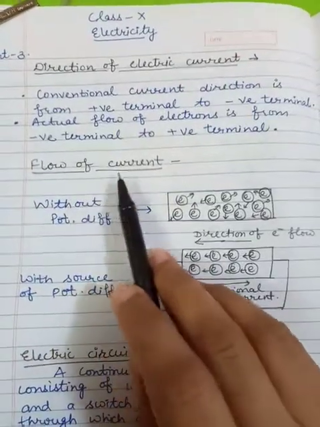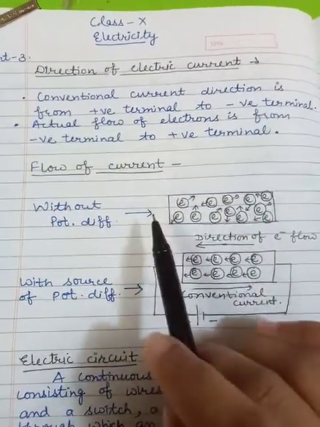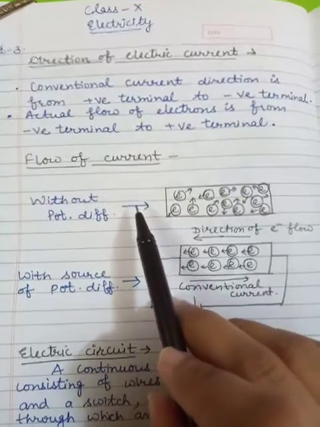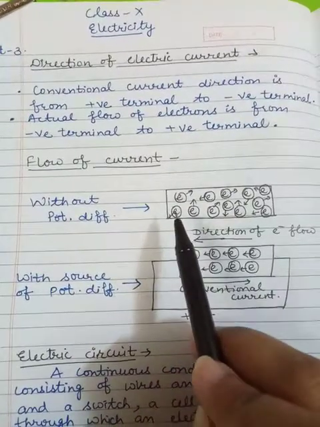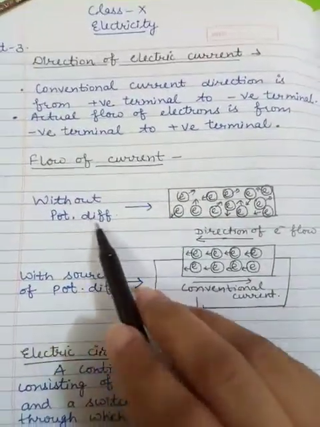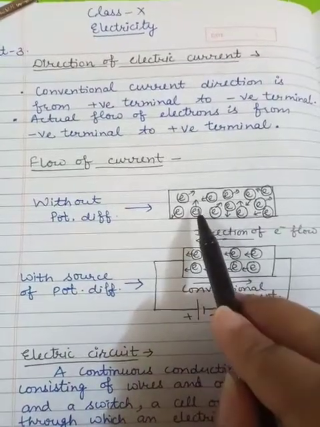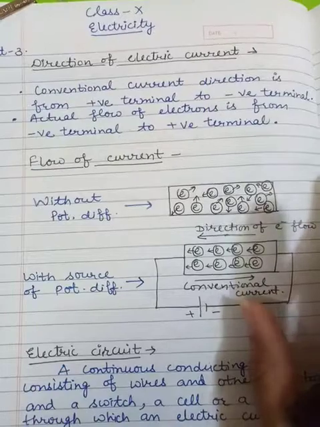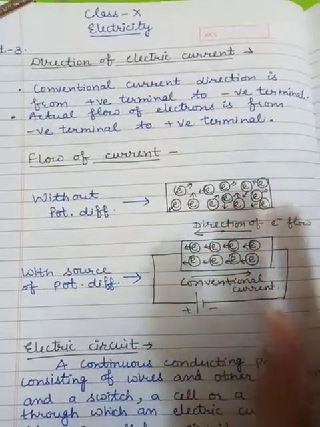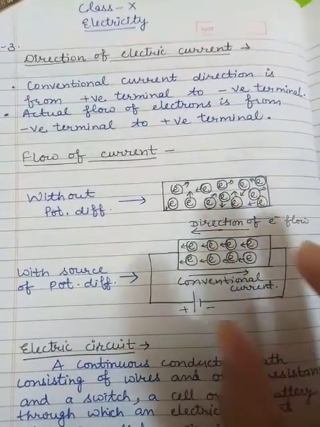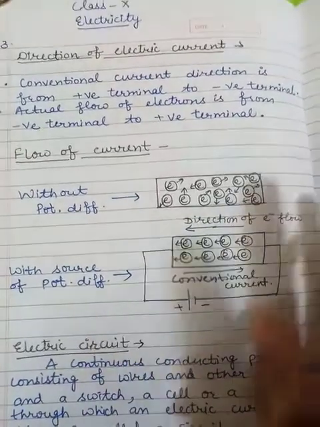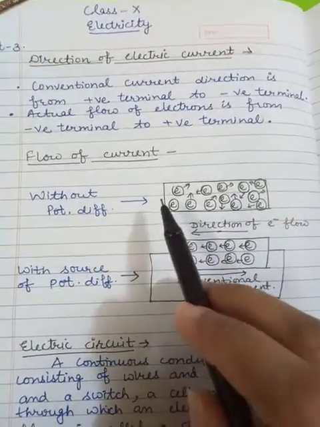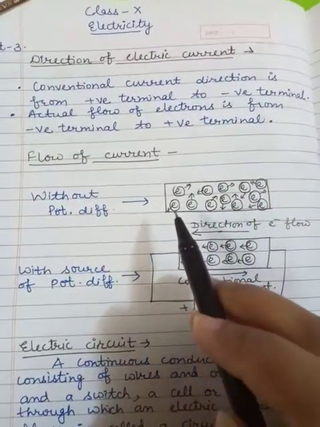Now, how does current flow inside a wire or a conductor without a potential difference? Suppose this is the wire. If we touch the wire without using a cell, battery or any connection, we do not get an electric shock. Why are we not getting the electric shock?